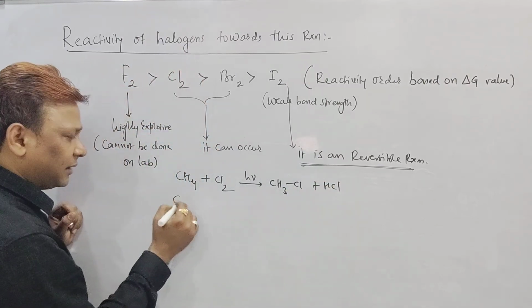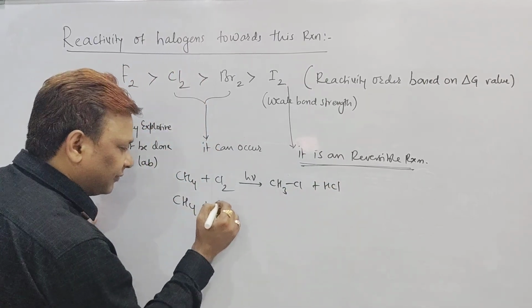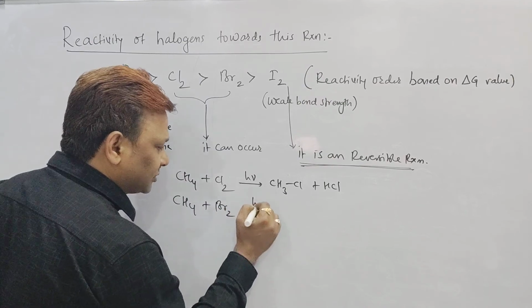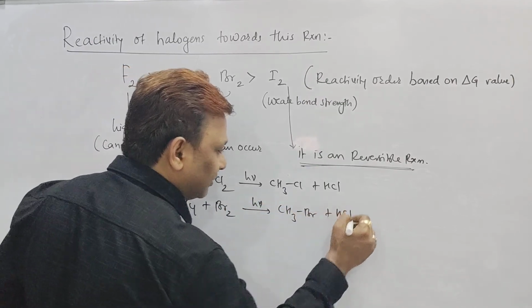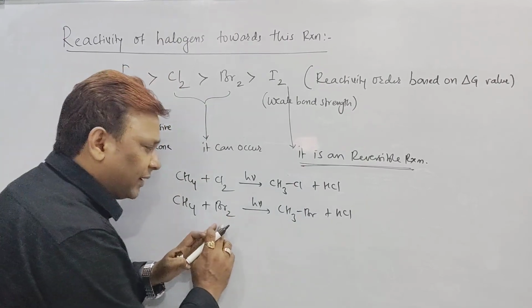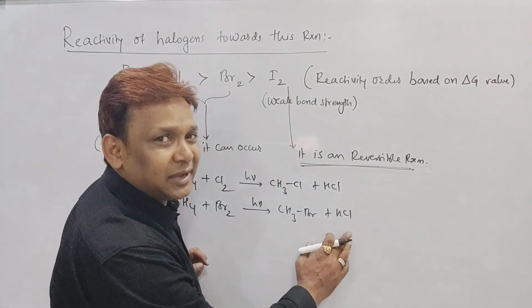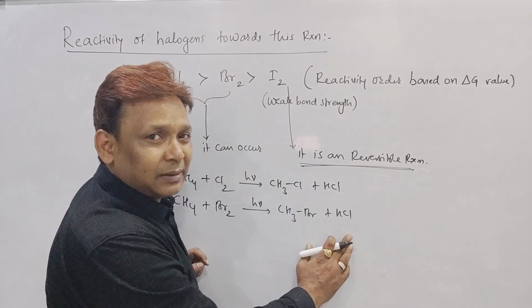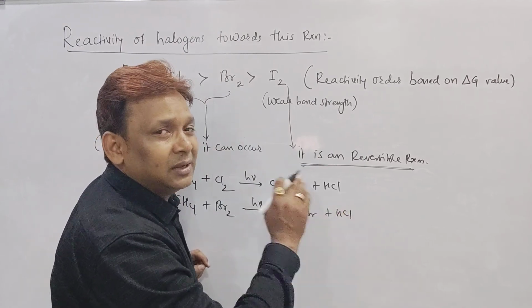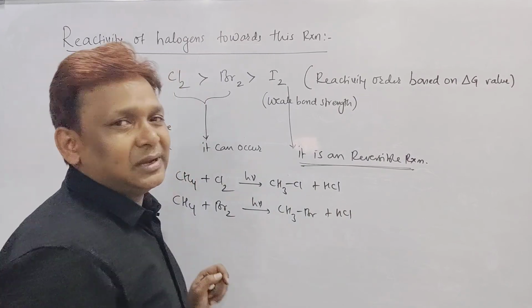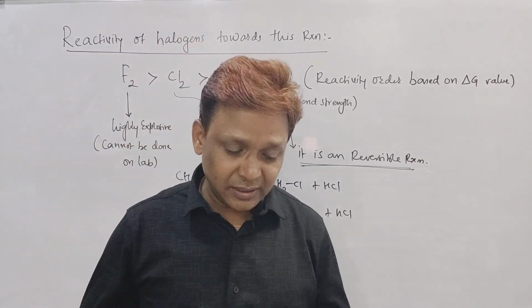In the similar manner, if methane is there and we add bromine in presence of sunlight, we get methyl bromide plus HBr. But if you think adding iodine gives CH3I plus HI, no, beta, that reaction will become reversible. To make it go in the forward direction only, we have to use an oxidizing agent. That part we are going to see in our next class.